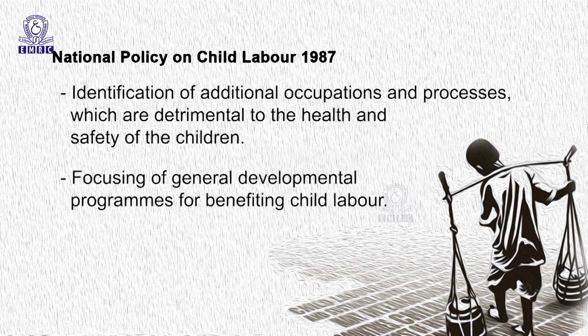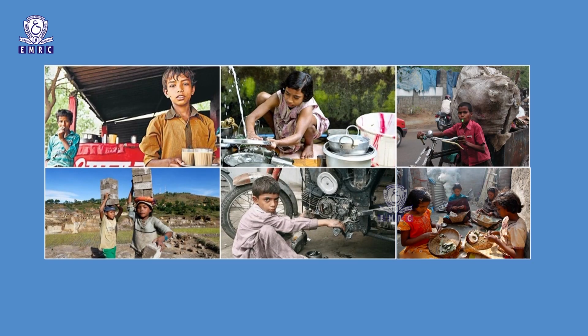Further, focusing of children's development programs for benefiting child labour. Since poverty is a main cause of child labour, the action plan emphasizes the need to cover these children and their families under various poverty alleviation and employment generation schemes of the government.